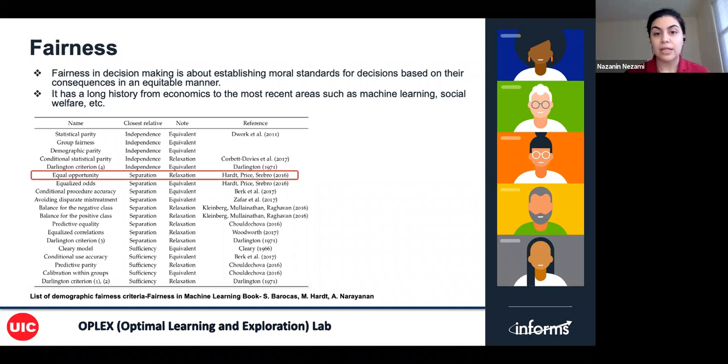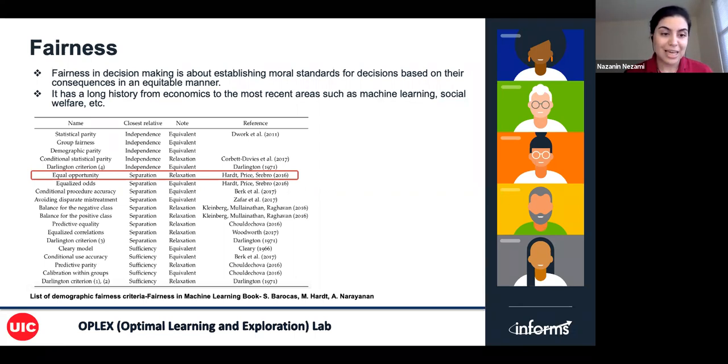If you look at the history and also the literature, we see that fairness in decision-making problems was mentioned in economics and management science at the very beginning, and most recently it has gotten a lot of attention in computer science and machine learning as people tend to remove bias from their algorithms and come up with more fair algorithmic solutions.